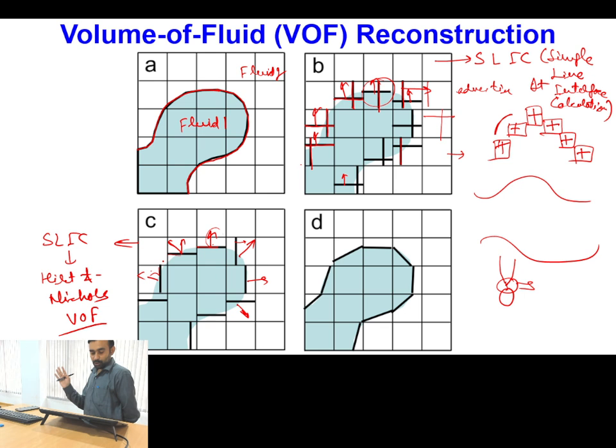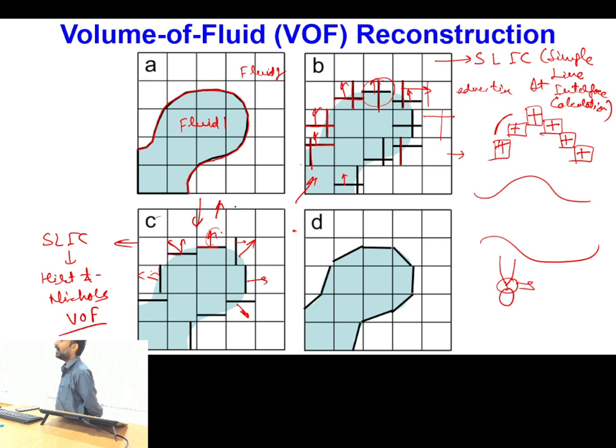Though the expectation was that, because this was the original scheme and this was the modified version, this would give a better interface profile, it was found that in terms of breakup and the joining of multiple interfaces, this scheme worked very badly.